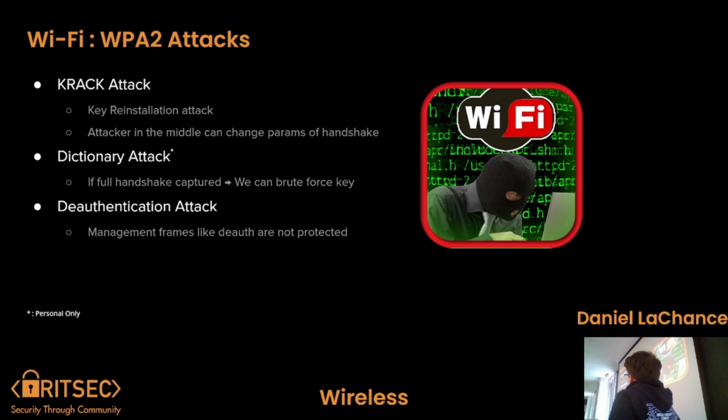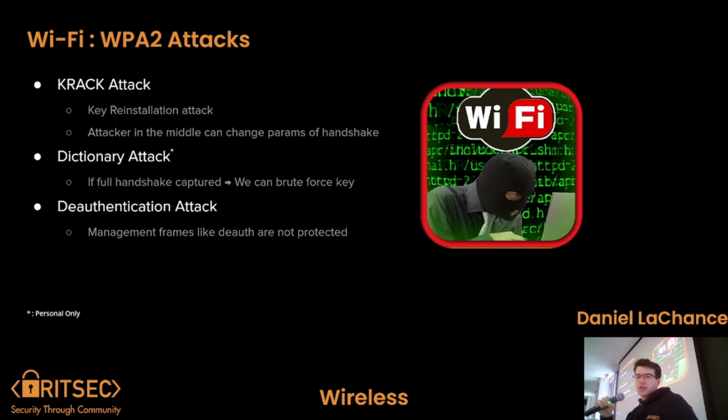Then dictionary attack: if the full handshake is captured, you can brute force it and try to guess what the key is. So maybe useful for demos. Then there's also deauthentication attacks, so you can send deauth frames to the router. Like I said before, those aren't authenticated. So you can spoof a MAC address and say, hey, I'm this user, deauthenticate me. And the router is none the wiser, and it will do that.